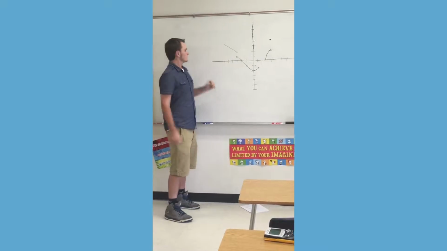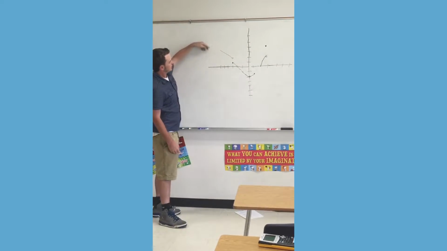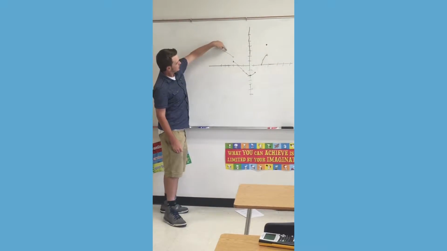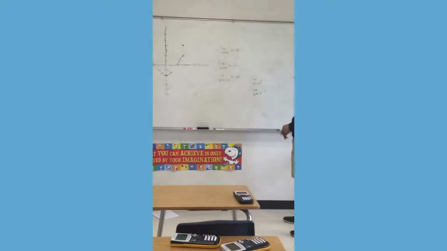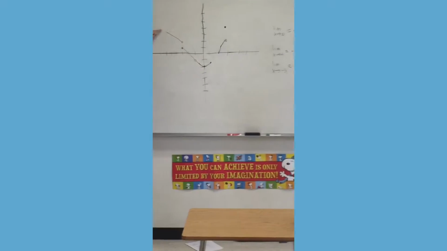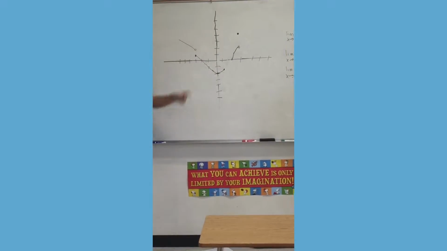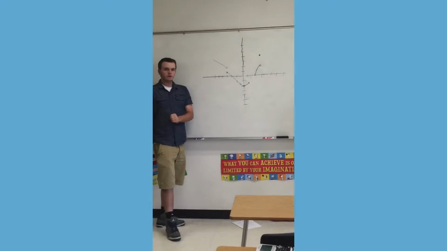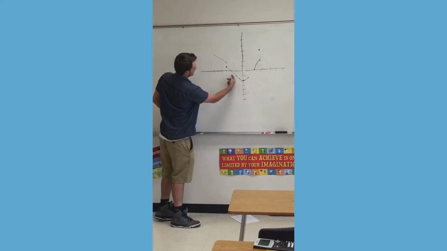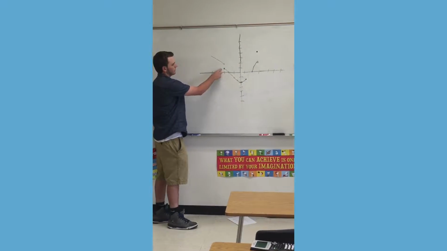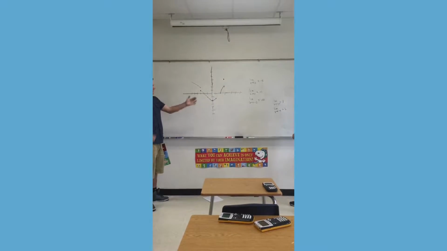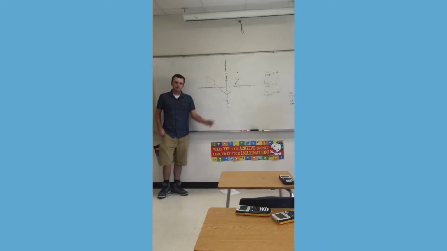Coming from the negative side, as x comes to -3, y will eventually equal -2. And as x comes from the positive direction, y will eventually become 1. So the limit as x approaches -3 from the positive direction equals 1.